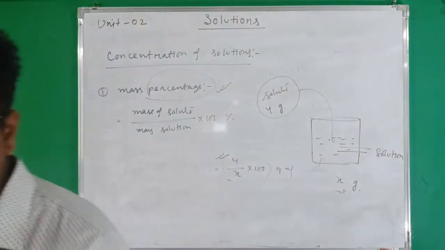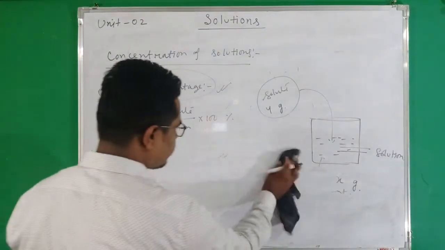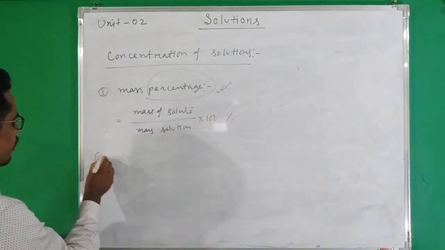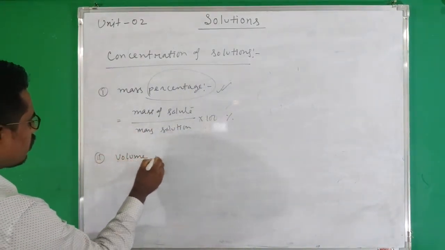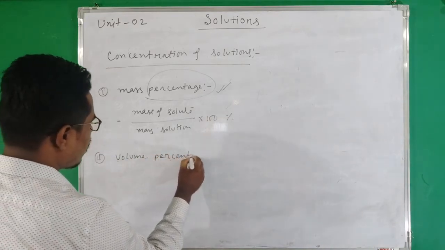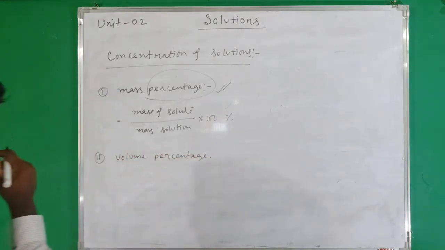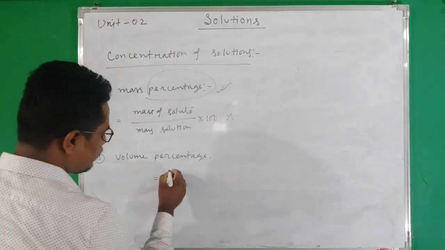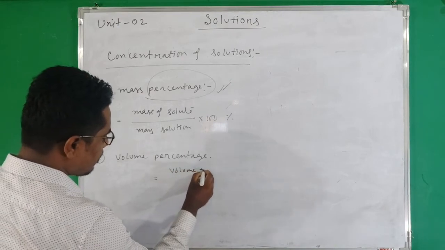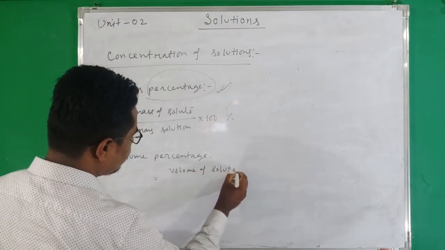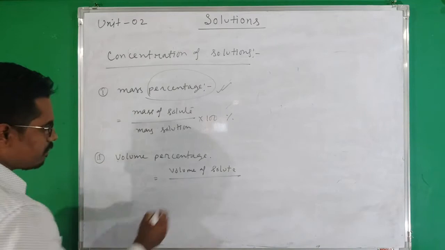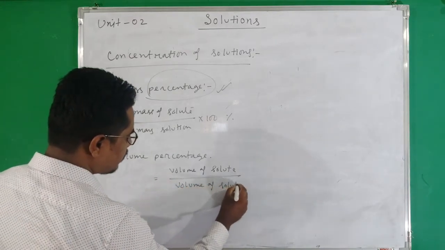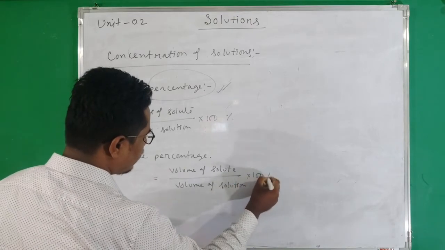The next way to express the concentration of solution is volume percentage. In this case, volume percentage equals volume of solute by volume of solution into 100%.